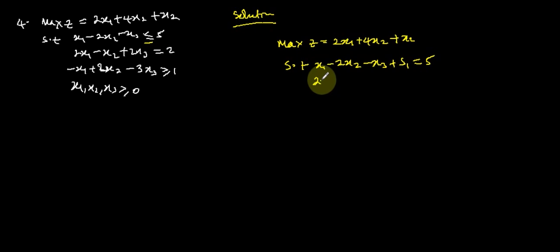The second constraint, we have 2x1 minus x2 plus 2x3 plus a1, since it is equal to, and we equate it to 2, we add our artificial variable.